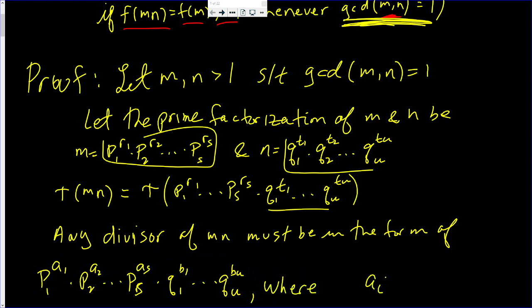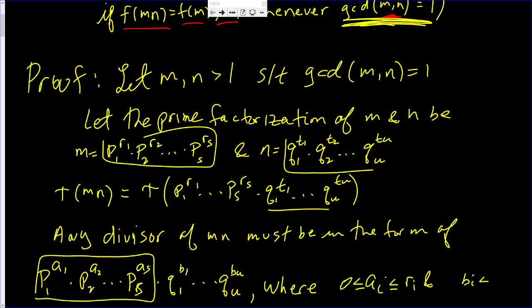Where a sub i, that is the powers of those p primes, has to be between 0 and r sub i. And the b sub i's must be between 0 and t sub i.